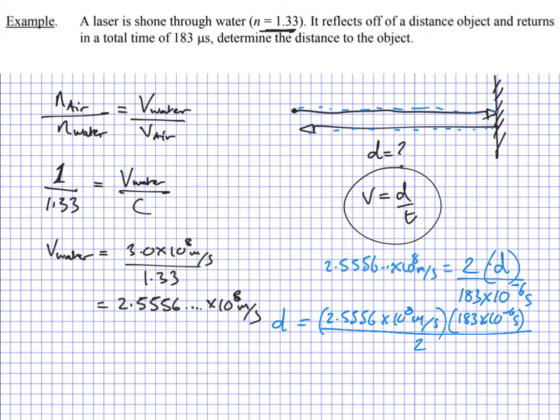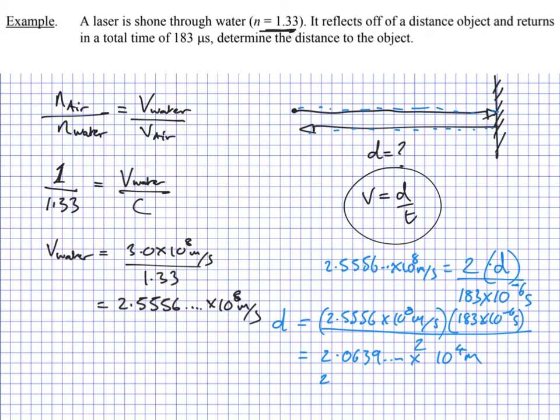In other words, the distance to the object. And if you plug that into your calculator, you're going to get 2.0639, some other digits, times 10 to the 4 meters. In other words, 20, nope, back up, 21 kilometers.